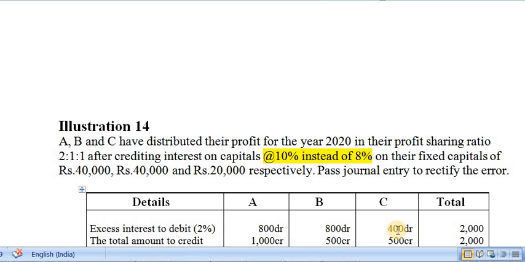So total 2,000 has to be debited. That 2,000 has to be given back in the profit sharing ratio. Profit sharing ratio, that is 2:1:1.